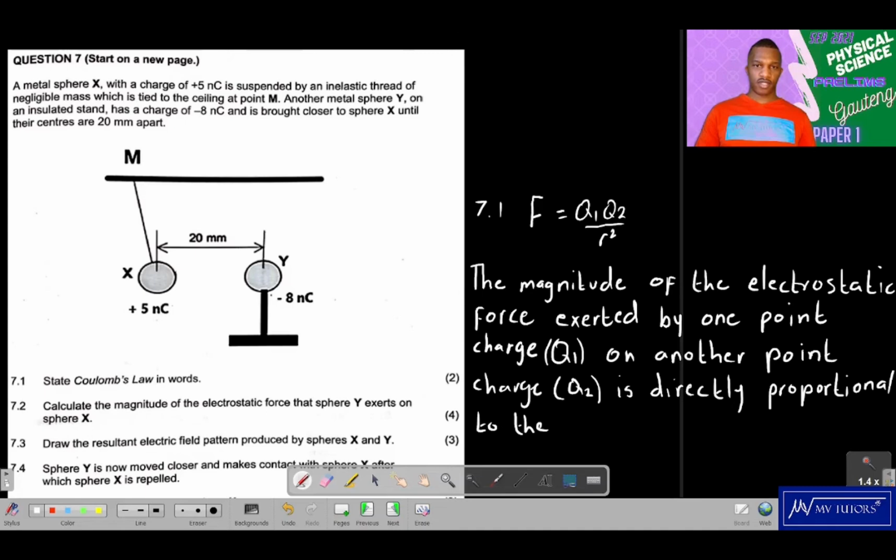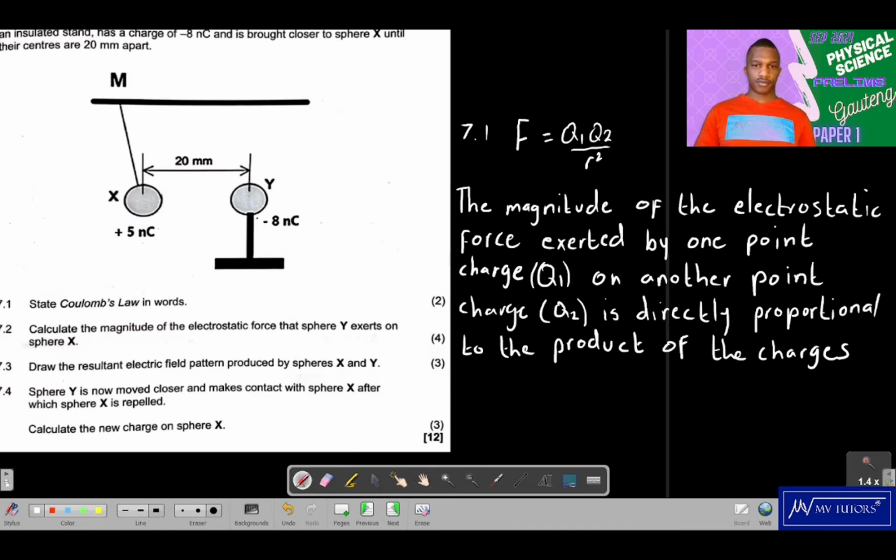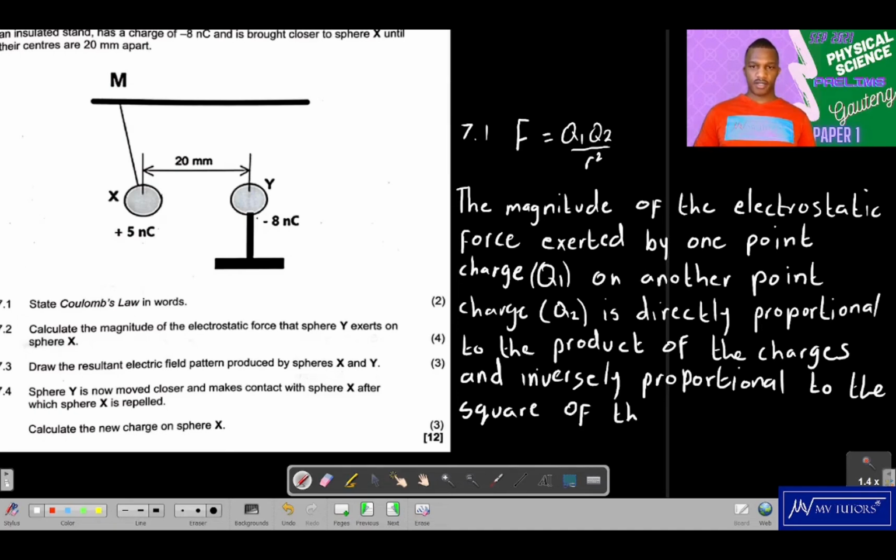It's directly proportional to the product of the charges, and inversely proportional to the square of the distance between them.